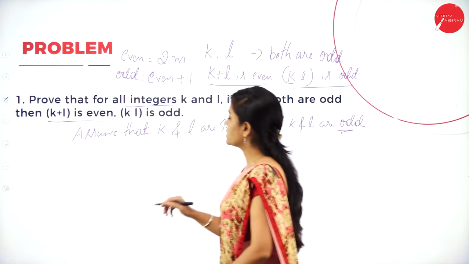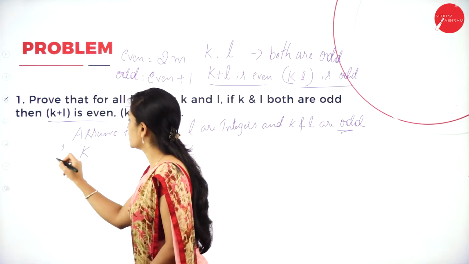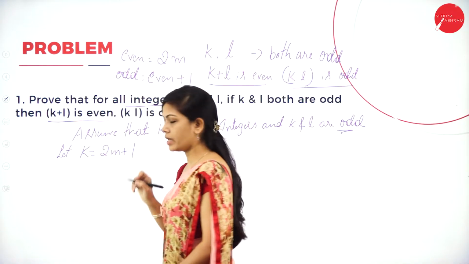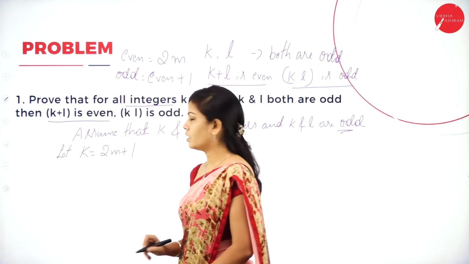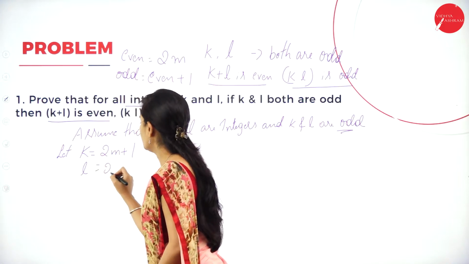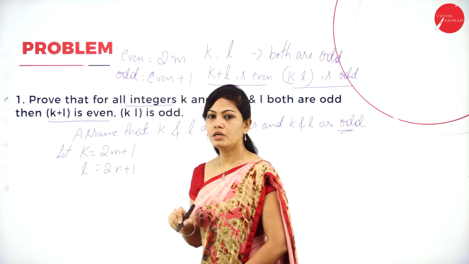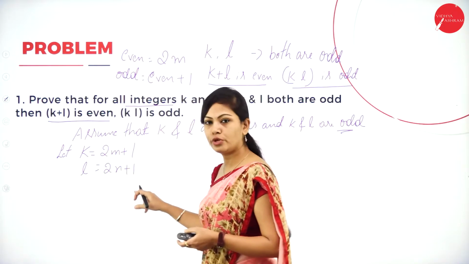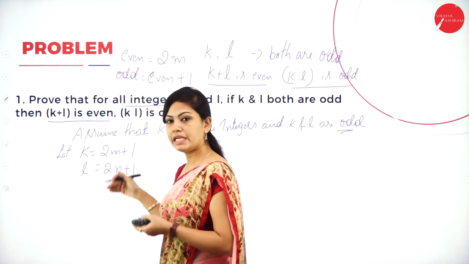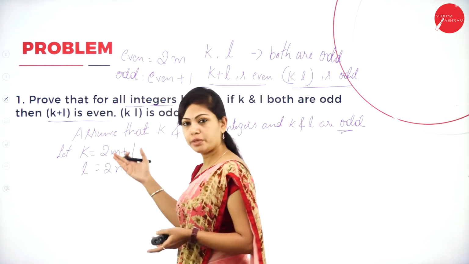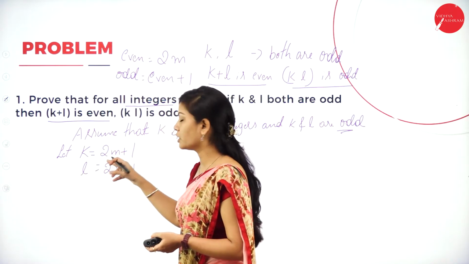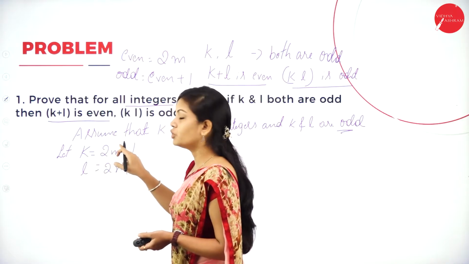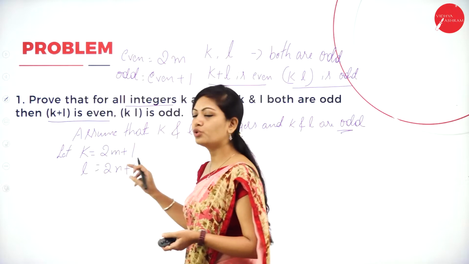So first I will take, let k is equal to 2m plus 1 and l is equal to 2n plus 1. Why am I taking k equal to 2m plus 1, l equal to 2n plus 1? If you want, you can interchange this: k equal to 2n plus 1 and l equal to 2m plus 1 also you can take. Now I am considering k equal to 2m plus 1, l equal to 2n plus 1.